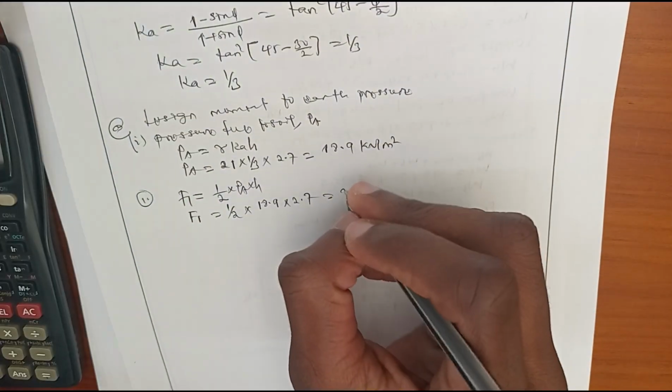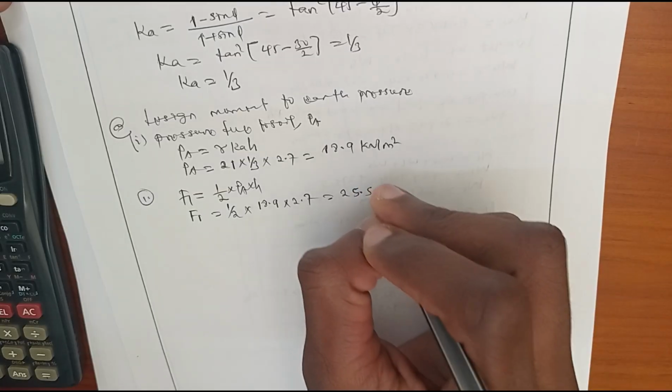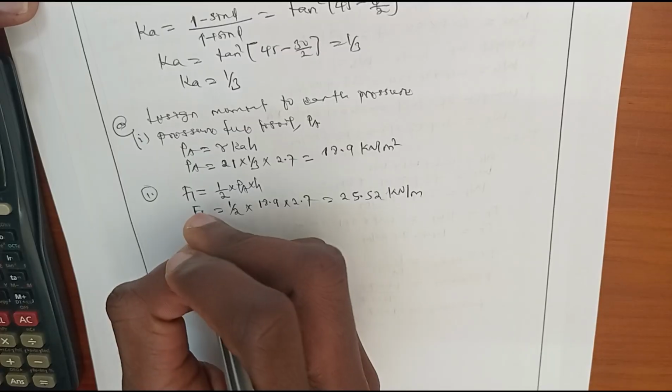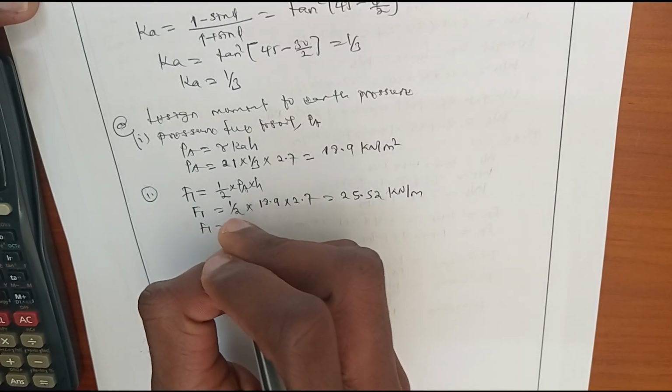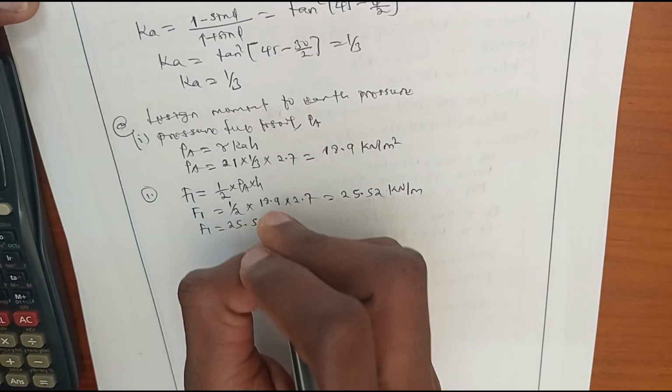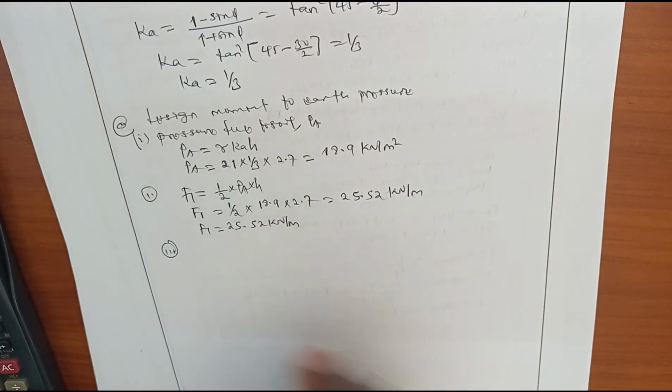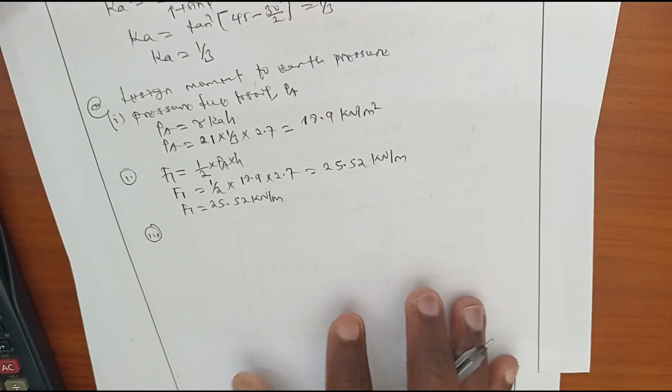It will be equal to 25.52 kilonewton per meter. This is horizontal force due to the soil.